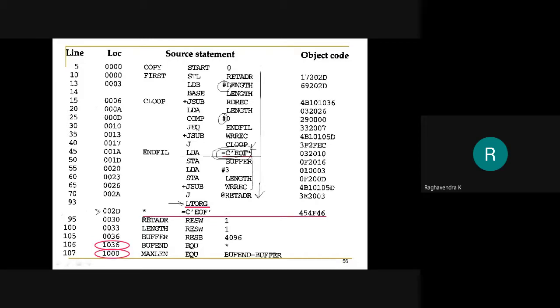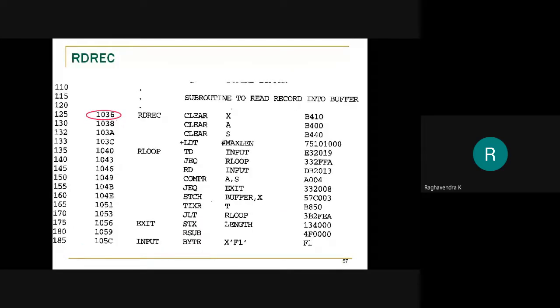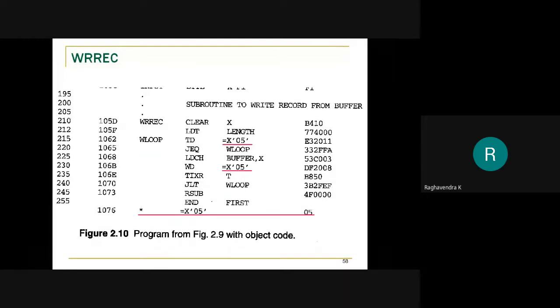So what does it mean? Now our instruction can refer to this location, so this is the displacement now. Suppose this statement was not there, then this CEOF would be generated at the end of the program. So this is the problem. At 1076 we have x05, something like this.